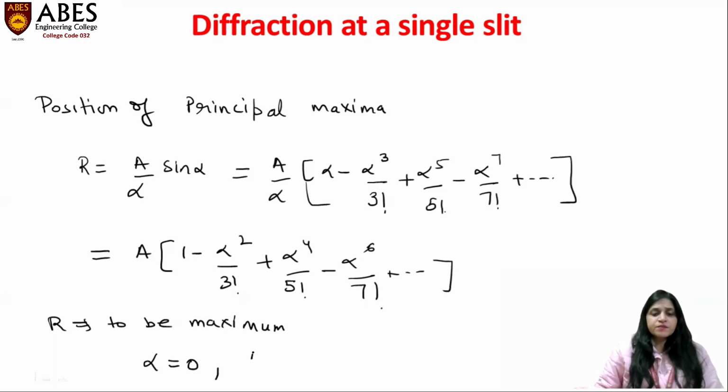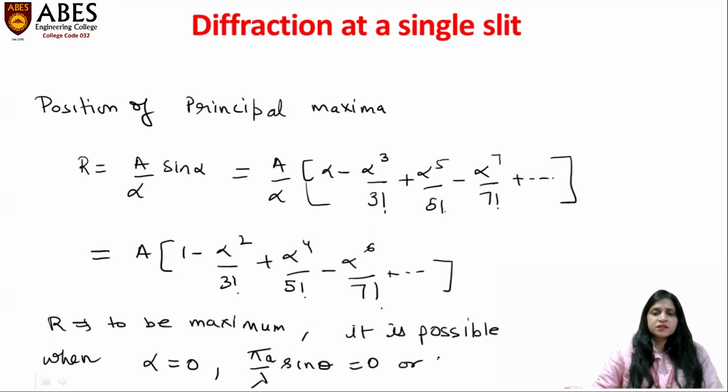Alpha 0 means pi by lambda, R to be maximum. It is possible when alpha is 0, and for this, pi by lambda sine theta into A is equal to 0, or theta is equal to 0.